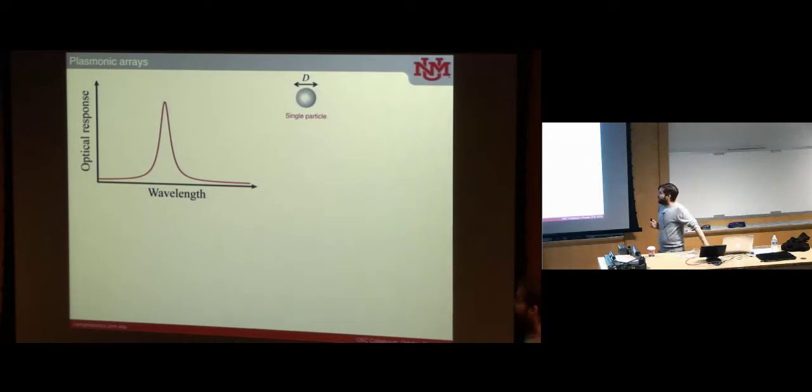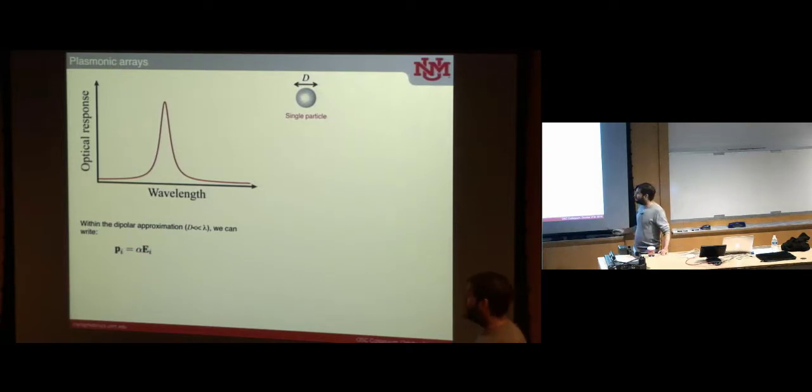And then you can describe this in a very simple way using one of the simplest approximations: since the particle is very tiny, much smaller than the wavelength, you can consider it as a polarizable object, a little dipole that you are exciting when you shine light. Therefore, you can describe the response through an induced dipole, which is proportional to the external field and to the properties of the particle that you describe through a polarizability.